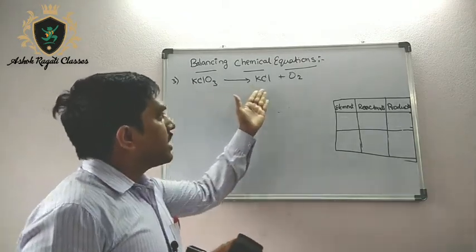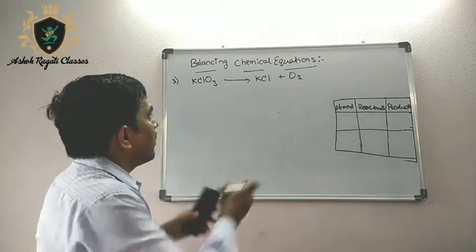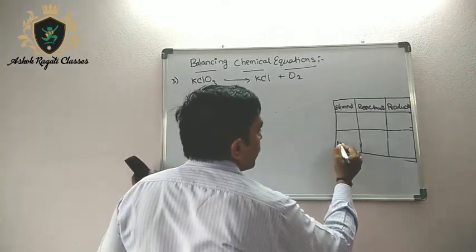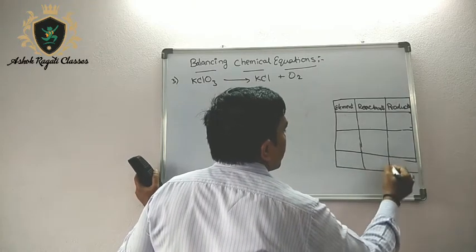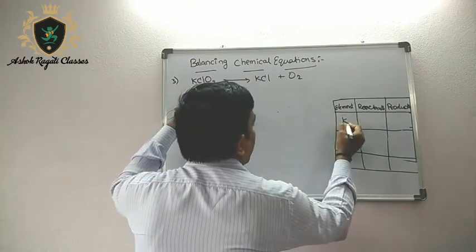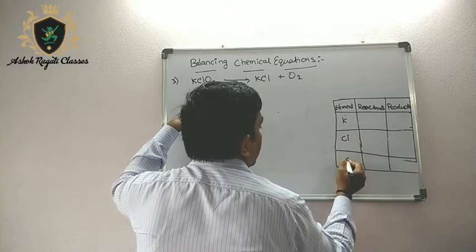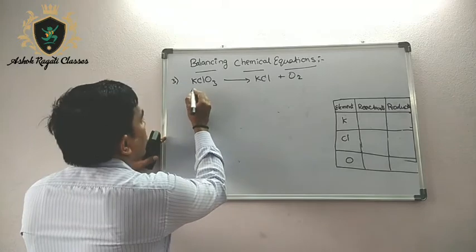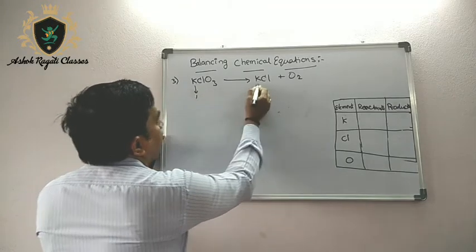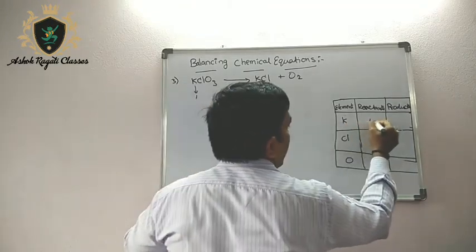KClO3 gives rise to KCl plus O2. Now fill the tabular column. Potassium, chlorine, oxygen. These are three elements. Now take the first one, potassium. How many? 1, 1. So write here 1, 1.